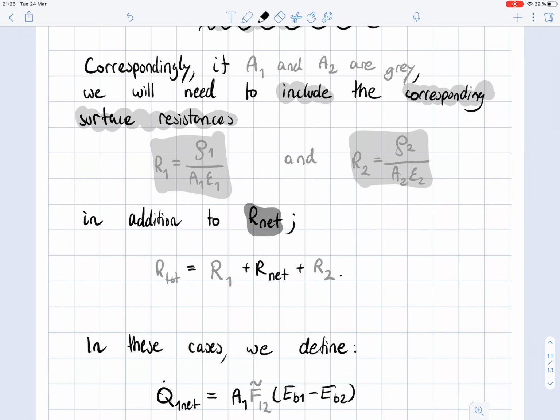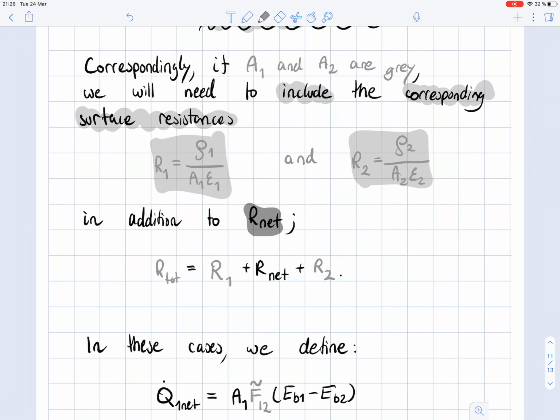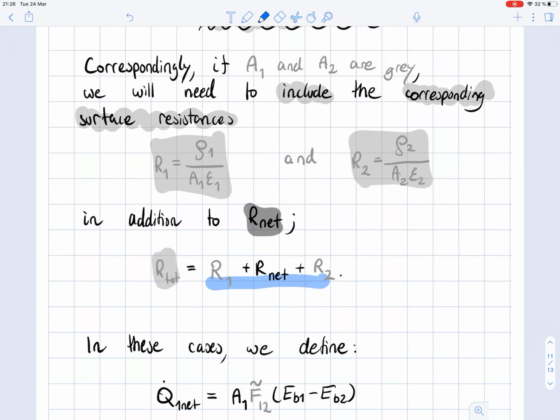In that case, the total resistance of the gray surface equals simply the sum of all of these contributions.